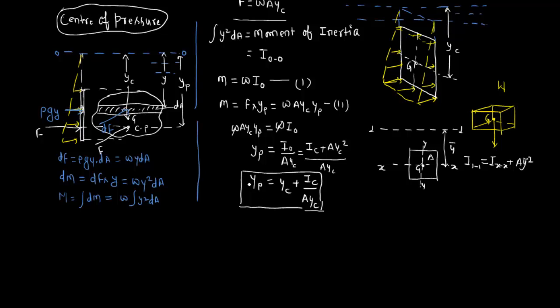So what can we conclude from this? First of all, the moment of inertia of a body about the self axis will always be positive. It's obvious. And area will also be positive. Y_C is also positive, since we are taking the depth. So the whole term I_C by A Y_C will always be positive.